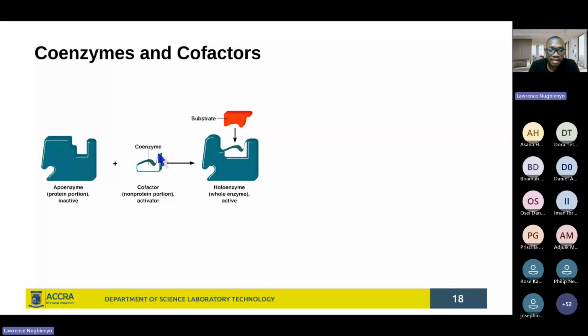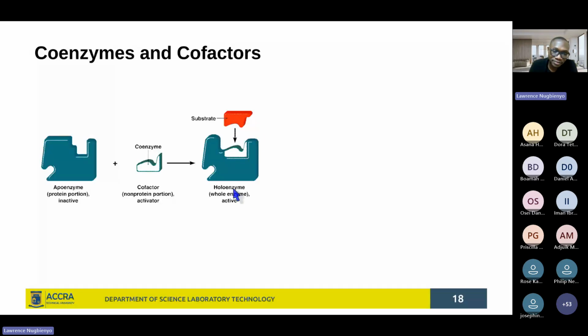And we see the coenzyme also being depicted as an activator of that enzyme. It's a non-protein part. And we see that when the coenzyme or the cofactor gets bound onto the protein part, it forms what you refer to as a holoenzyme.